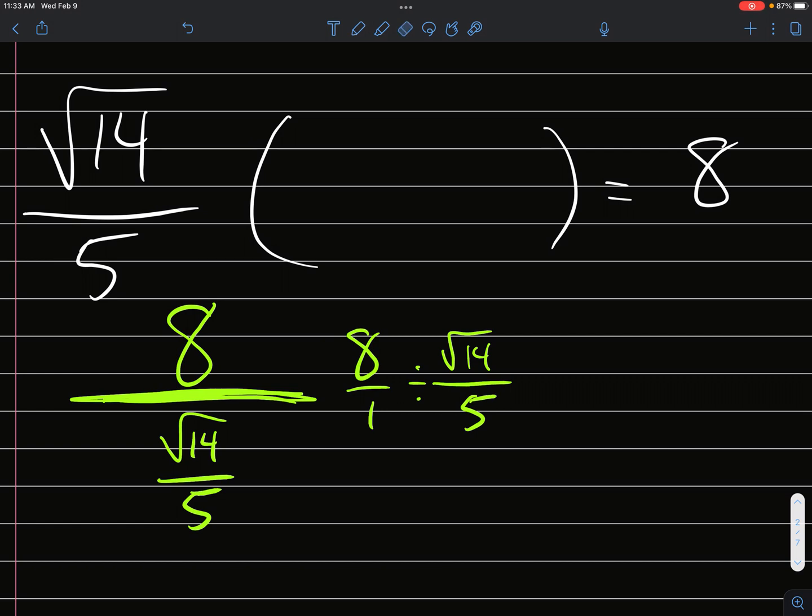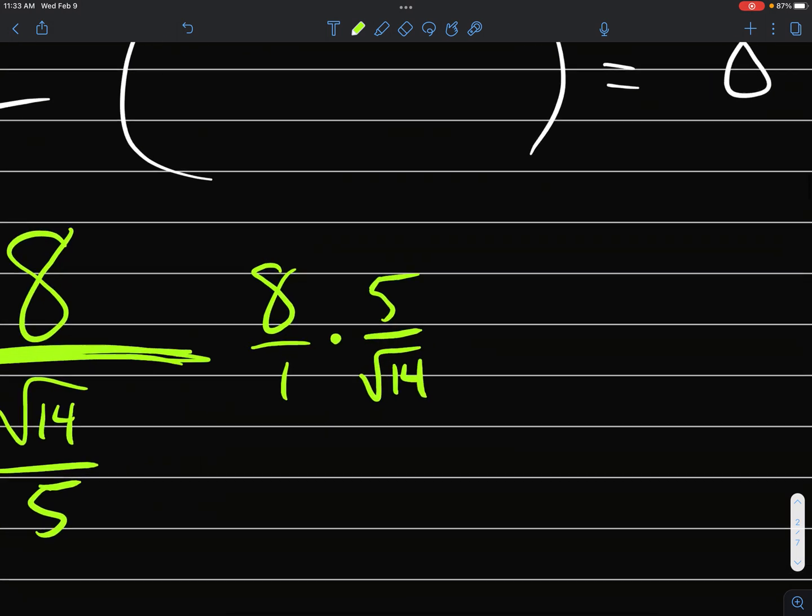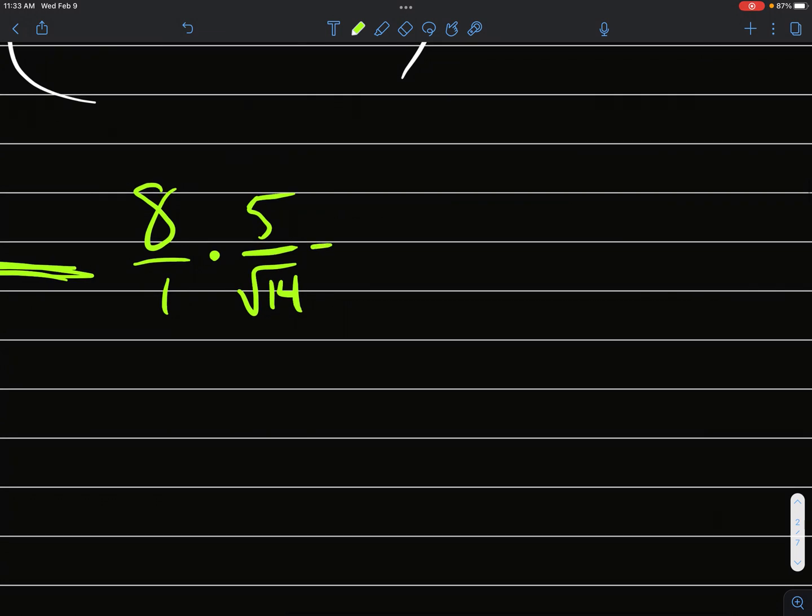Remember, when you are dividing fractions, you can multiply by the reciprocal, aka 5 over radical 14. I flip it. 8 times 5 is 40. And then we get over radical 14. That's not fun.